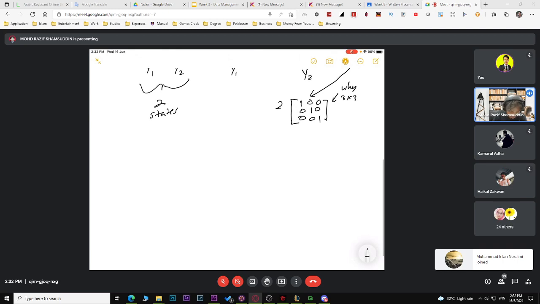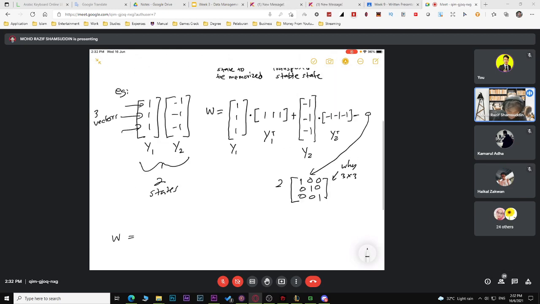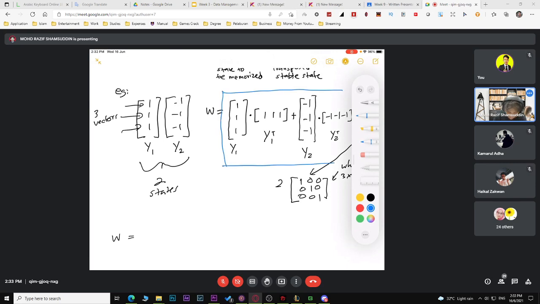So let's calculate. The weight is calculated as, the first part here, I'll color this using a blue color.